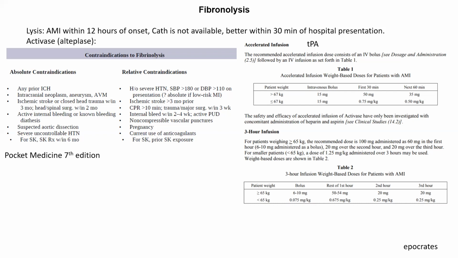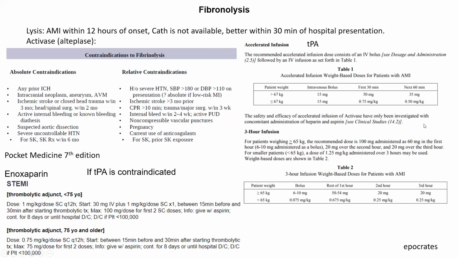So basically, you can just use either one, and based on patient weight, give the patient different doses. And if the patient has some contraindications for the TPA, you probably would think about using heparin, like enoxaparin, for the fibrinolysis.